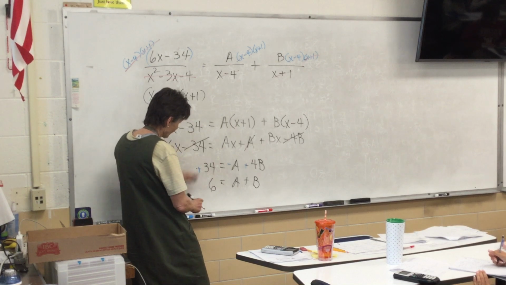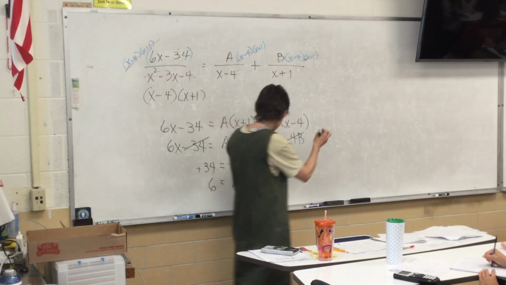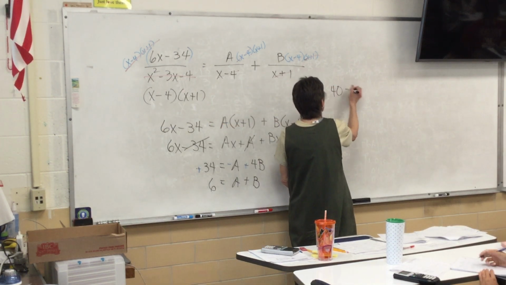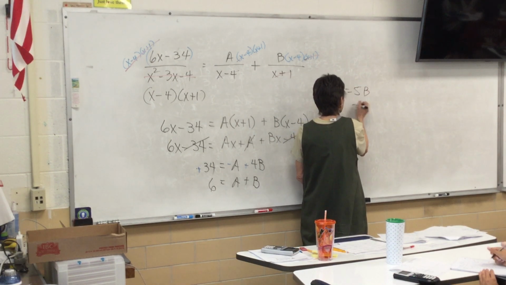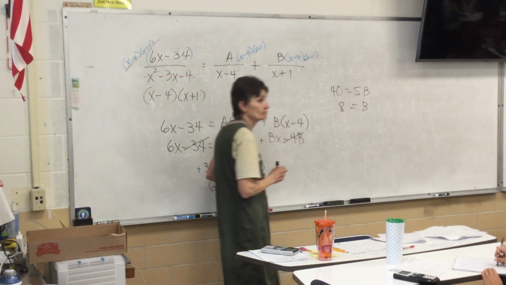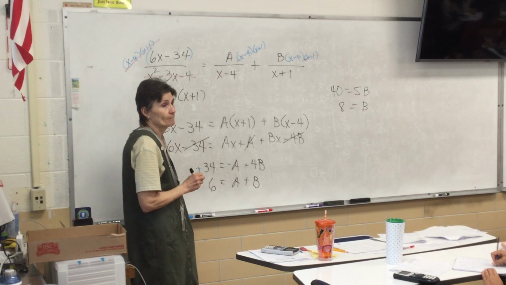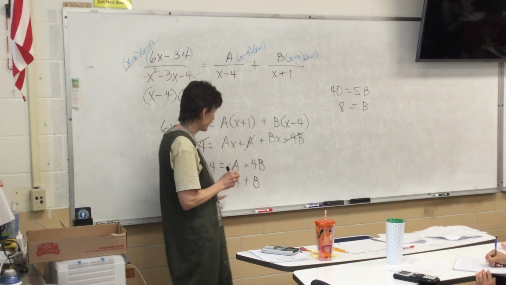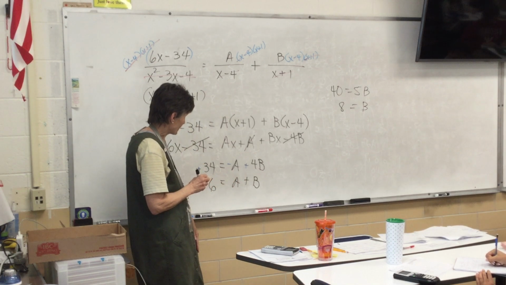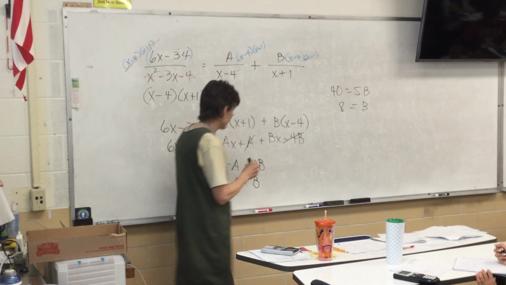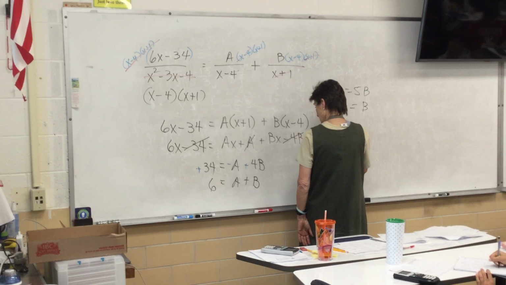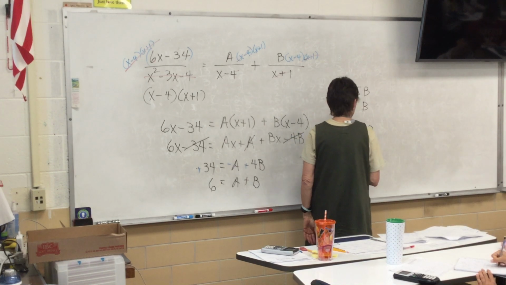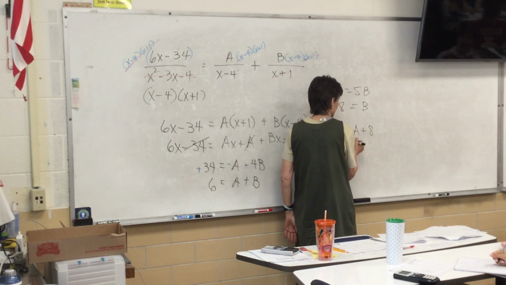So when I add, 40 equals 5b, so b is 8. And then, since a plus b has to be 6, if 6 equals a plus 8, then a has to be negative 2.